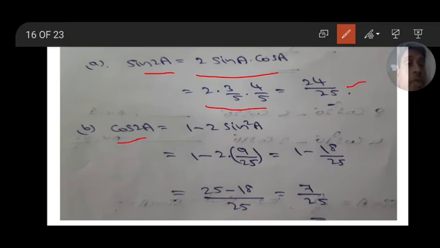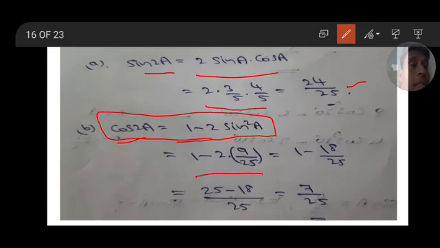And for the cos 2A formula, we can use any one of the formulas: cos square A minus sin square A, or 2 cos square A minus 1, or 1 minus 2 sin square A. I am using here 1 minus 2 sin square A. 1 minus 2 into (3 by 5) whole square, which is 9 by 25. So 2 into 9 is 18 by 25.